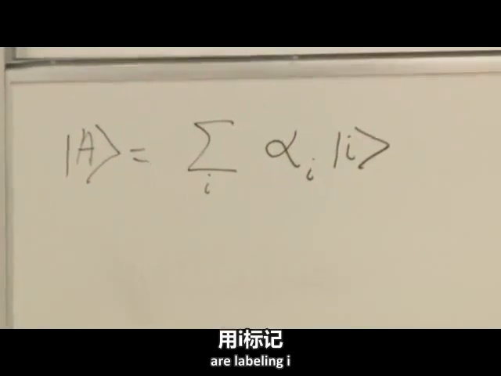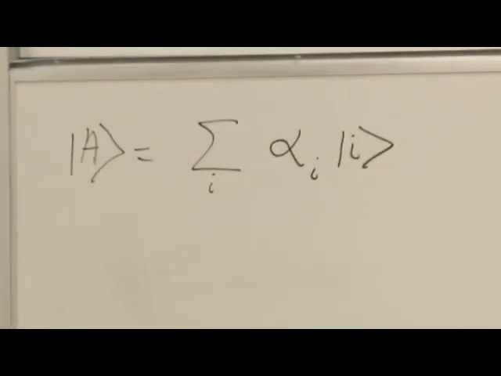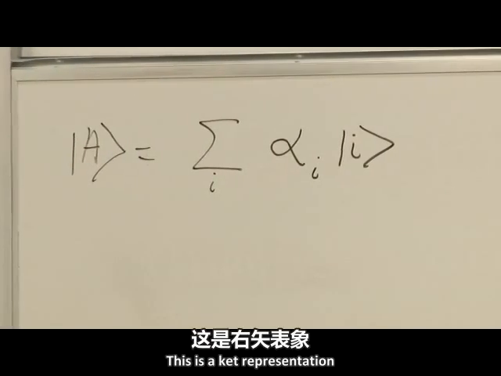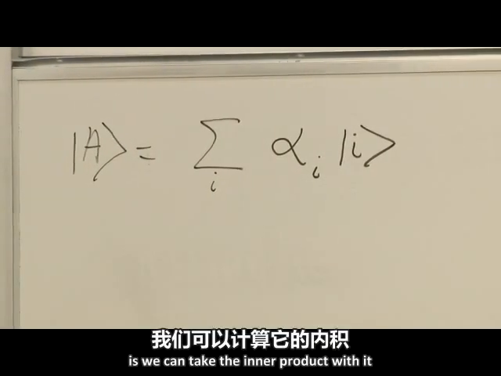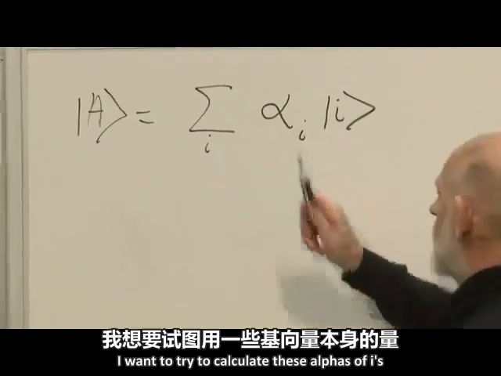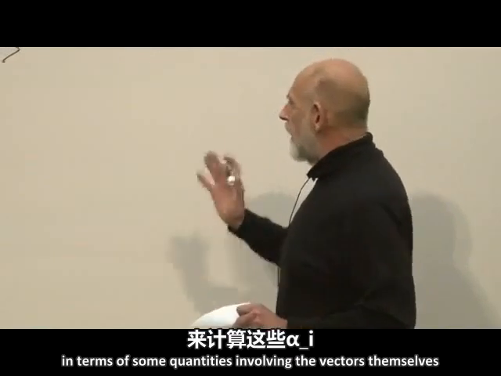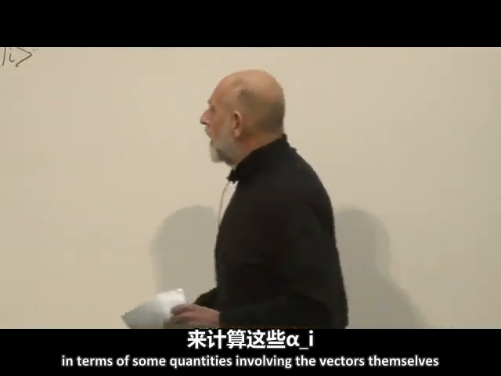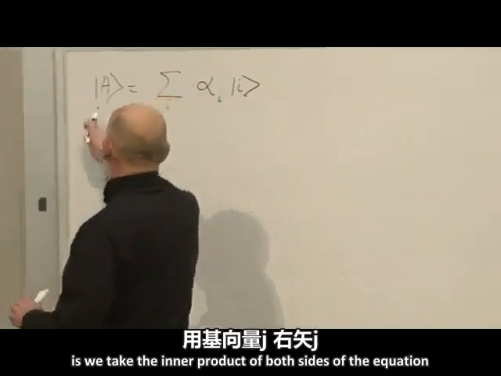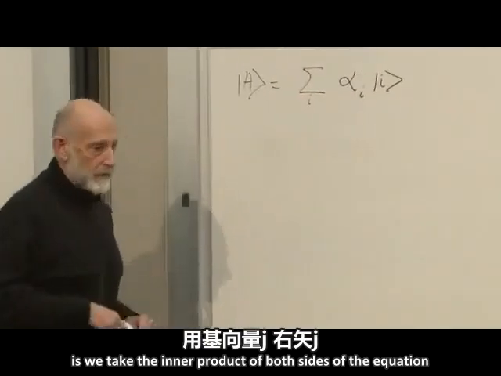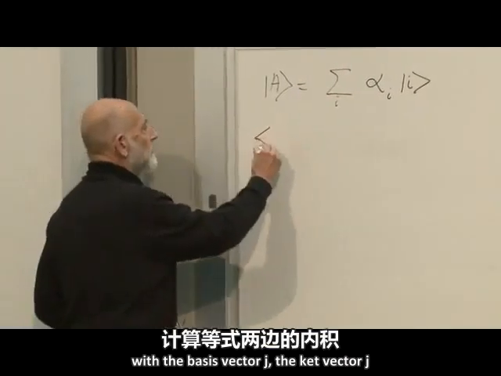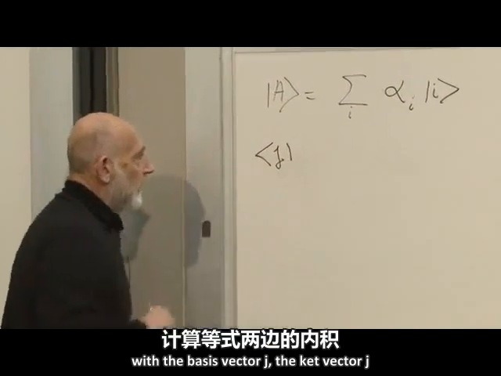This is a ket representation, but now what we can do with this is take the inner product with it. I want to try to calculate these alpha sub i's in terms of some quantities involving the vectors themselves. All right, so what we do is we take the inner product of both sides of the equation with the basis vector j, the ket vector j.